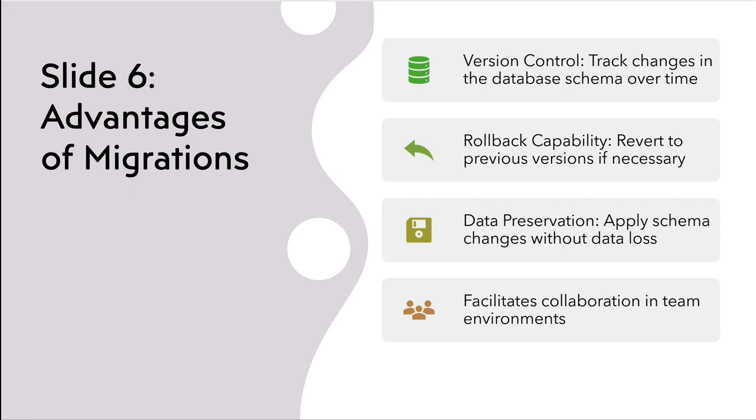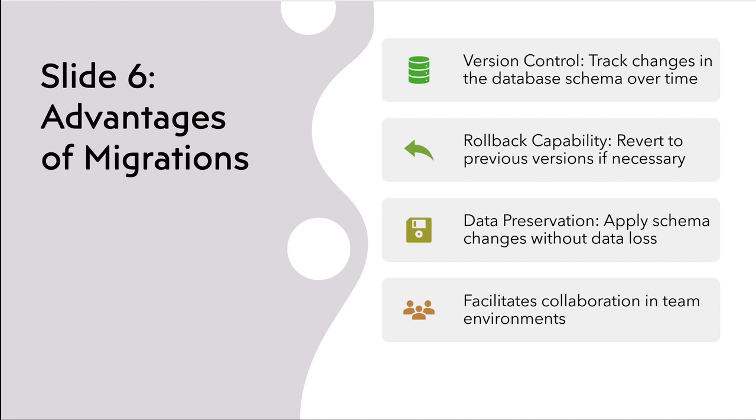There are so many advantages of migration. Let me talk about several benefits of using it. The first is version control. You can easily track database schema changes over time, which is great for teamwork. Rollback capability: if something goes wrong, you can roll back to the previous version of your schema.